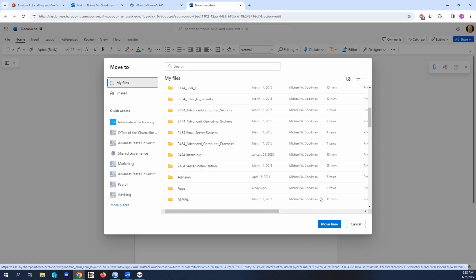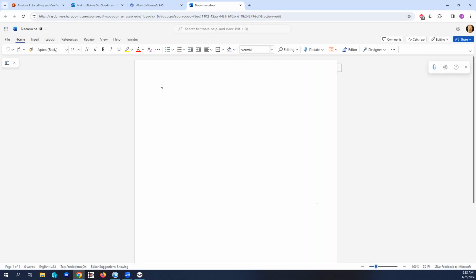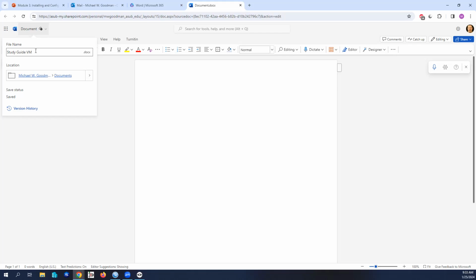And it will auto save it to your OneDrive. You can give it a new name like maybe study guide VM 2 and 3, something like that.